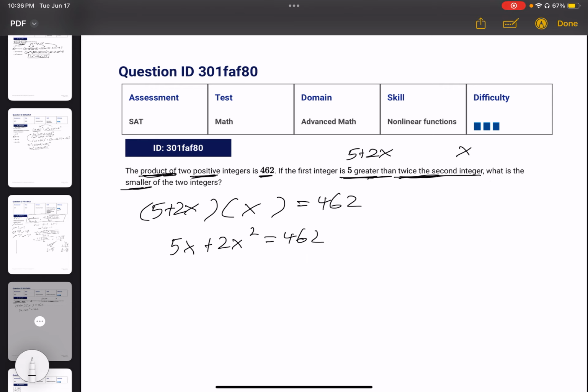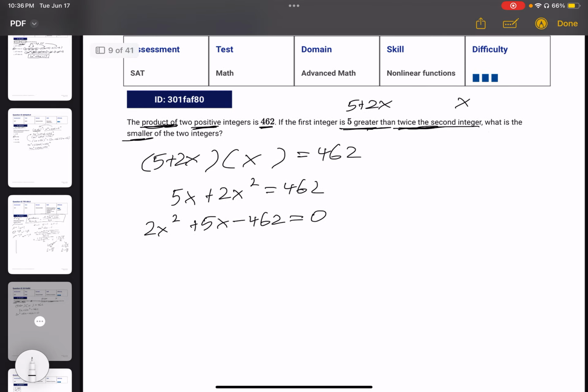And now is another point where you might hit a dead end, but if you rearrange it, we can take the same approach we did in the last problem, by moving that 462 to the other side and setting the whole equation equal to 0, because now that allows us to use what equation? The quadratic equation.